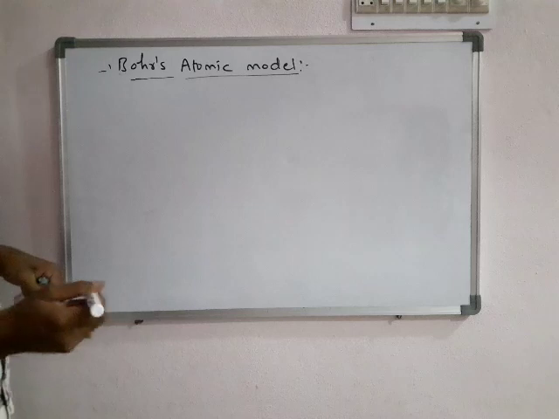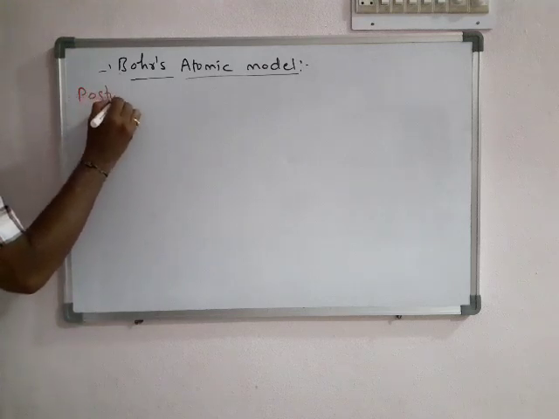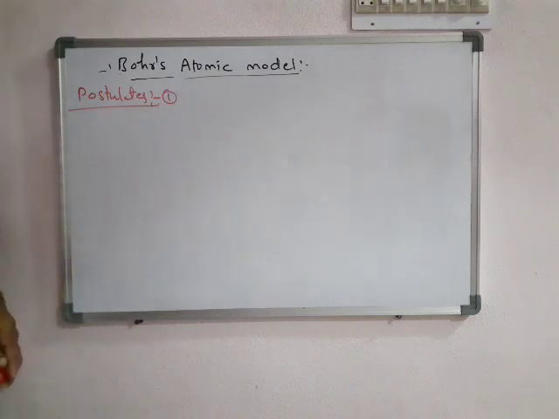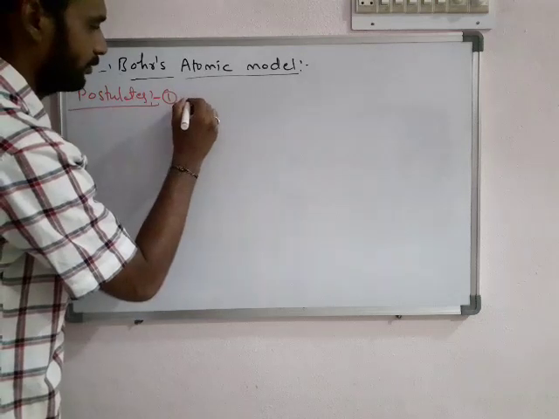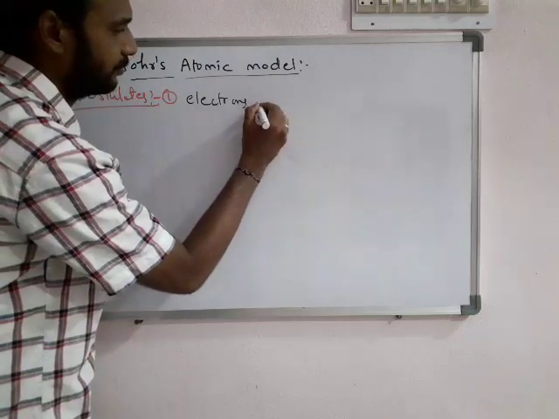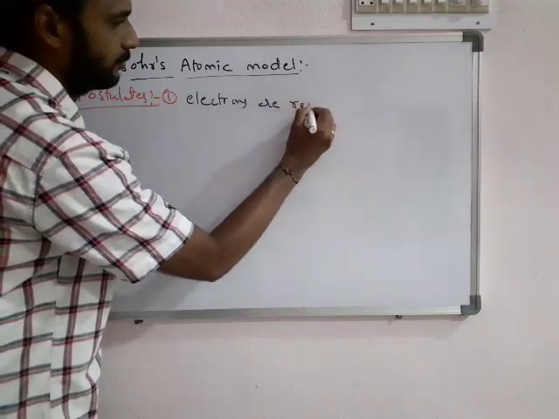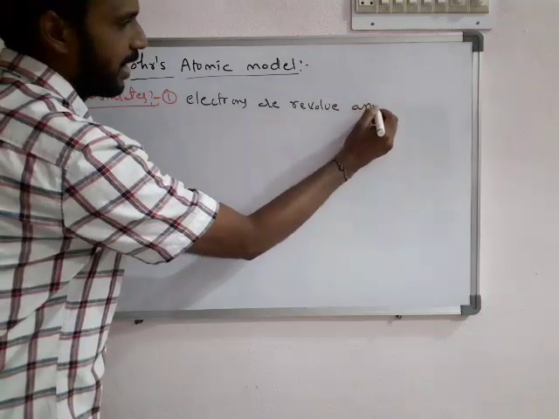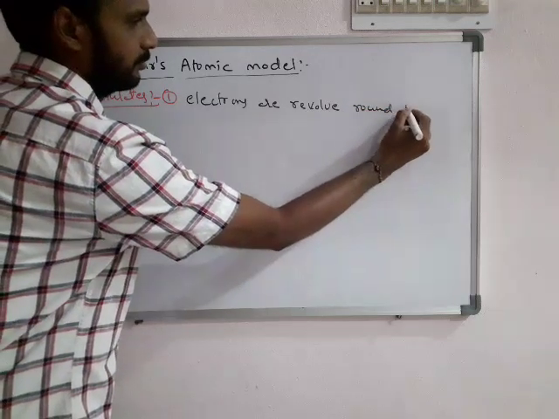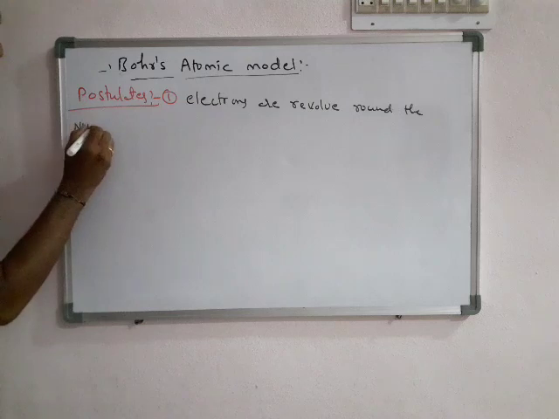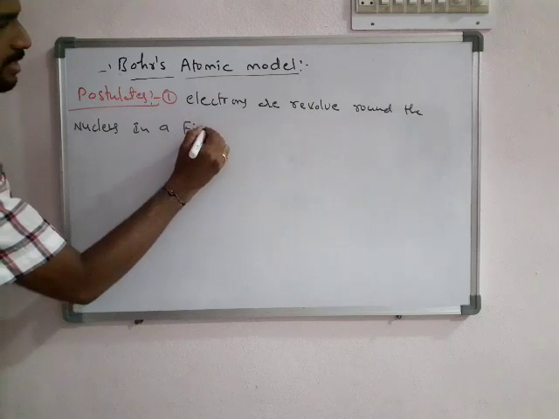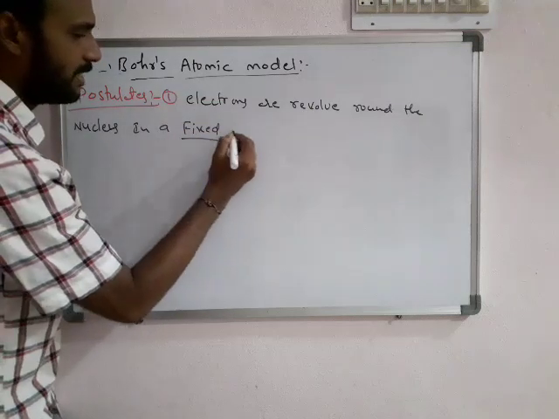Now we see the important postulates. The important postulate in Bohr's atomic model, number one: the electrons present in the atom revolve around the nucleus in fixed circular paths. These terms are important.